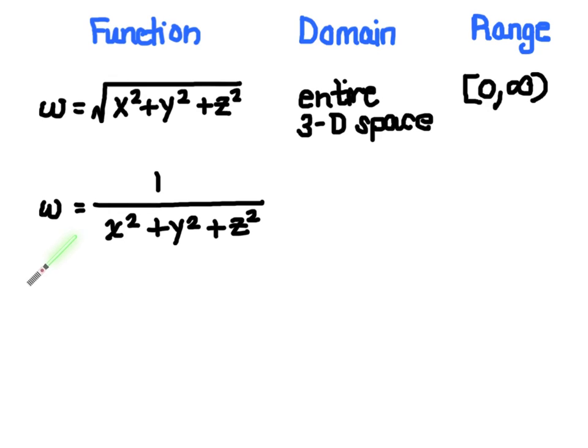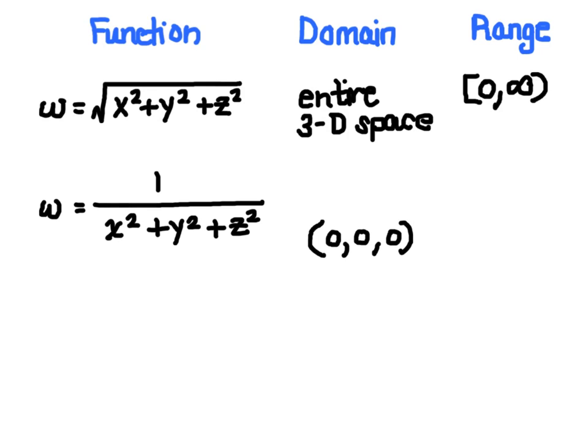Here we have another function, w, which is equal to 1 over the sum of x squared, y squared, and z squared. In this case, the domain is all values for x, y, and z except when x, y, and z are all equal to 0. Because when they're all equal to 0, we will have a divide by 0 error.